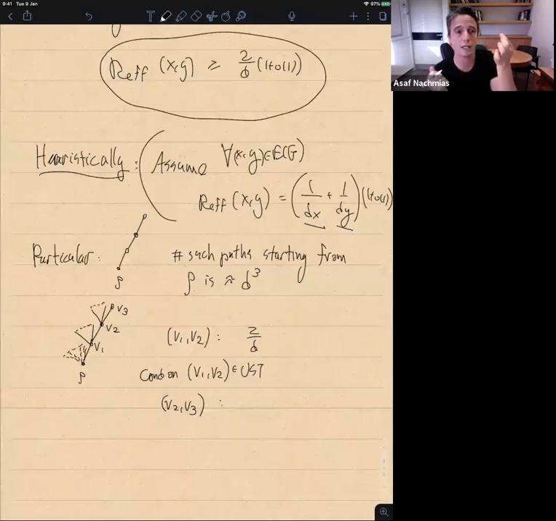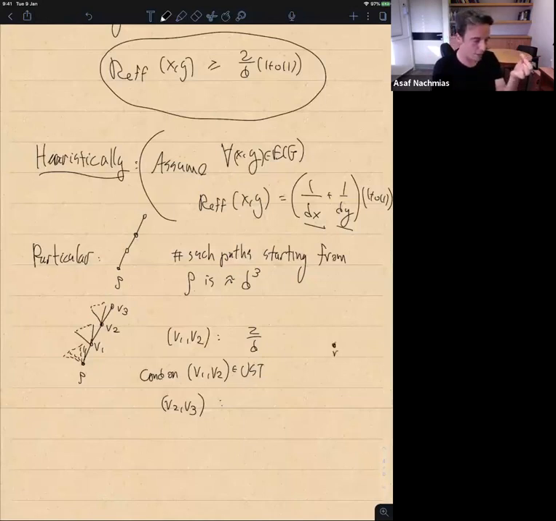I don't erase any other edges, so perhaps the degree of this new vertex is much higher. I contract this edge, draw a uniform spanning tree on what's left, and then open back this edge, and what I get is a uniform spanning tree conditioned on this edge being present.